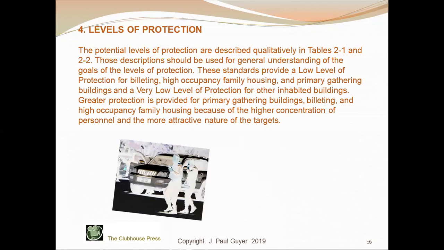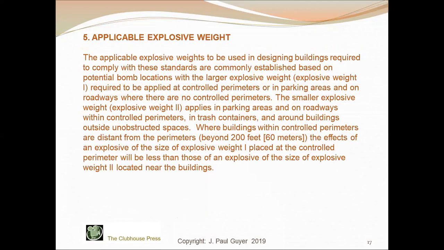If the conventional construction standard standoff distances are provided, which you will see later, or if mitigating measures are provided to achieve an equivalent level of protection, and if the threats are no greater than those indicated in tables B1, B2, and D1, which you will see later, the risk of injuries and fatalities will be reduced.